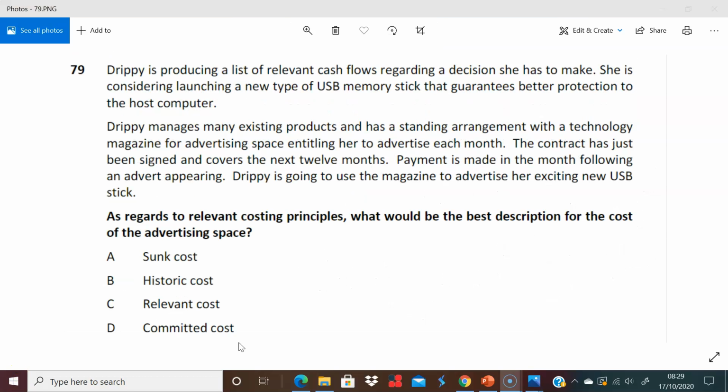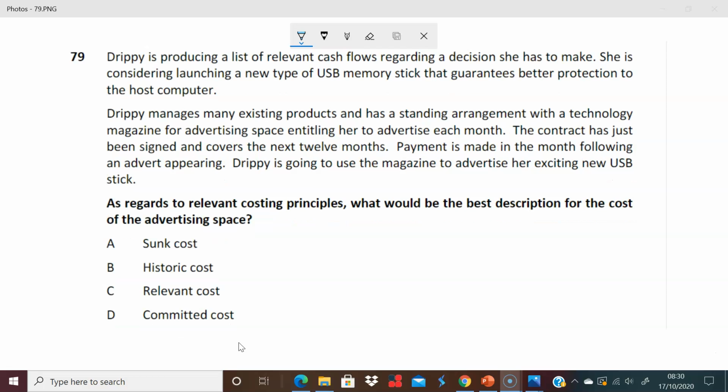Okay, so with 79, what we have here is a picture of our friend Drippy. Interesting name. Drippy is producing a list of relevant cash flows, and she's considering a new type of stick that guarantees better protection. She's considering launching a new project.